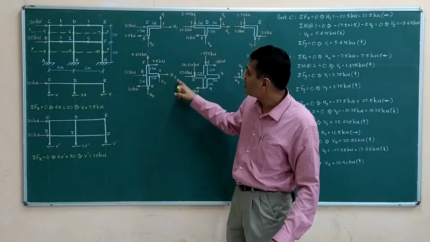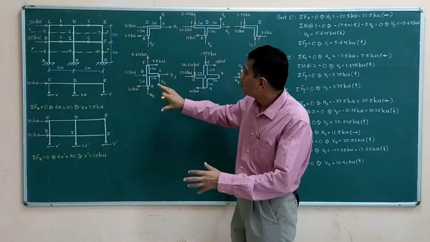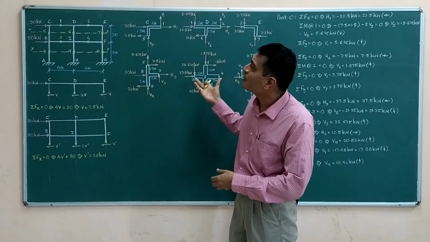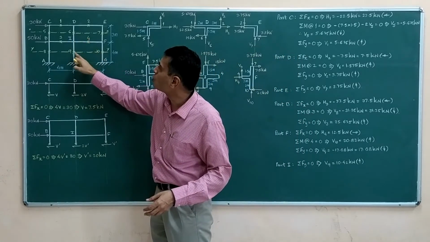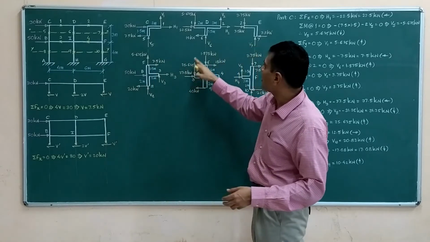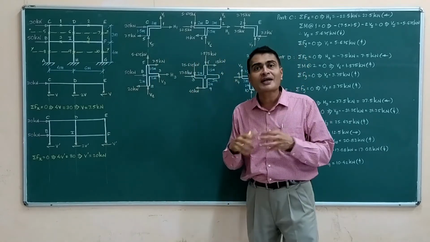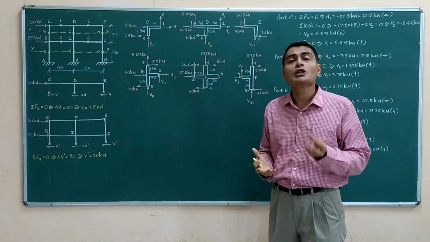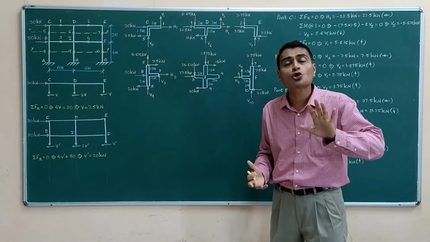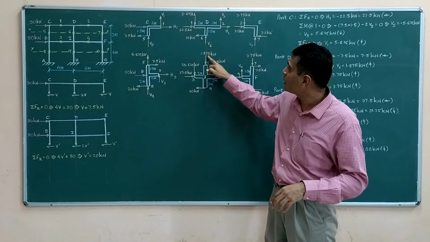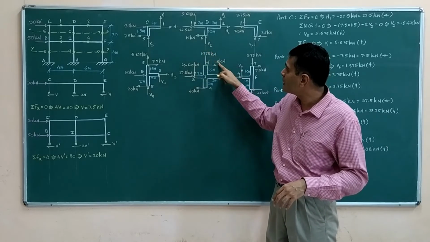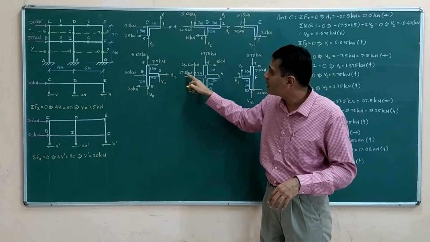Great. Once you have these values, you can draw the adjoining portion, that is 3 to 6 to 4 to 9. So that is what I have shown here, and I have tried to show in the FBD all the knowns. I have not shown unknowns, I have just shown knowns. This equal and opposite here, this equal and opposite here, this equal and opposite here.